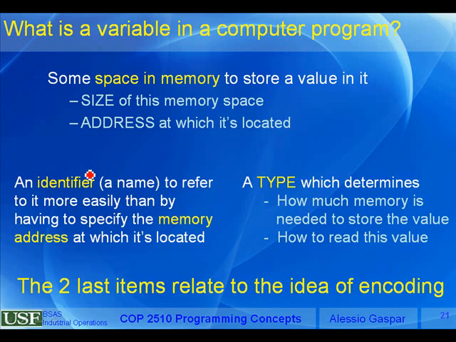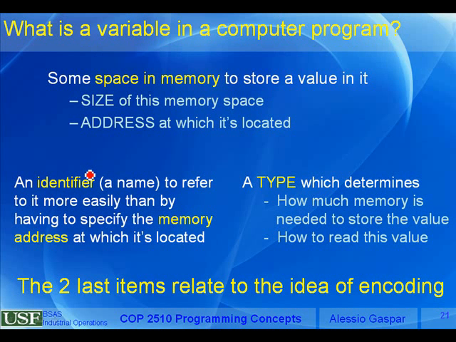Because you can reason on variables in an abstract way, but then it makes it difficult to understand why you can't store an arbitrarily large number in an integer variable. Well, if I explain to you what a variable is from the perspective of the computer, then you will naturally understand all those characteristics, constraints, and limitations associated with variables in computer programs.